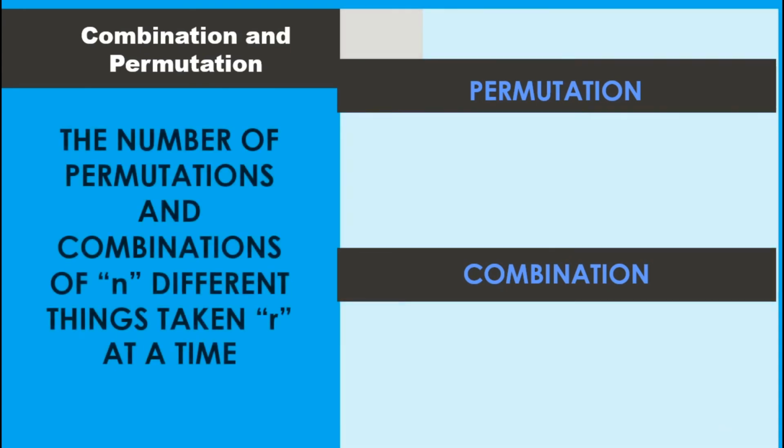For example, the number of permutations and combinations of n different things taken r at a time. If you have n number of elements and you take r at a time, the permutation is n factorial over quantity n minus r factorial.